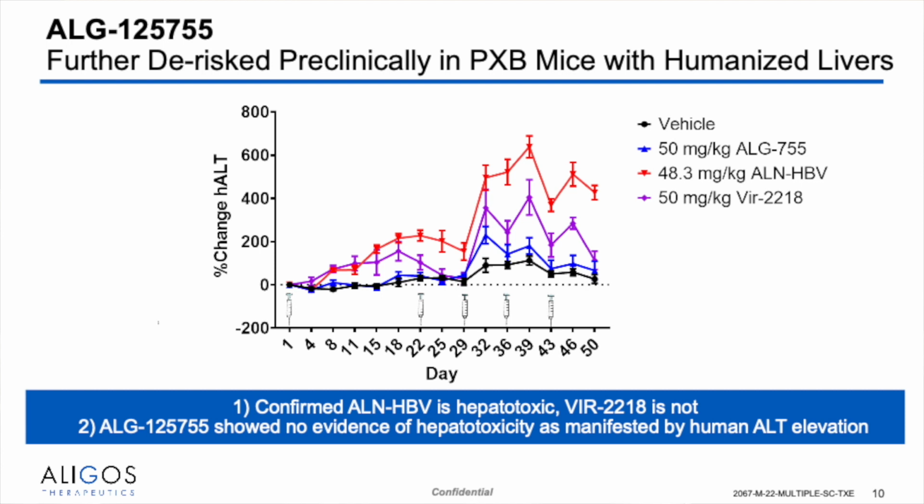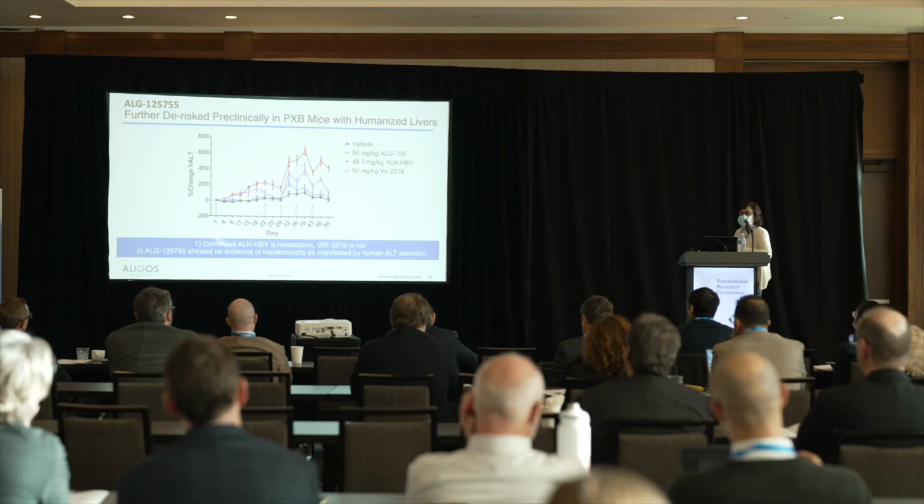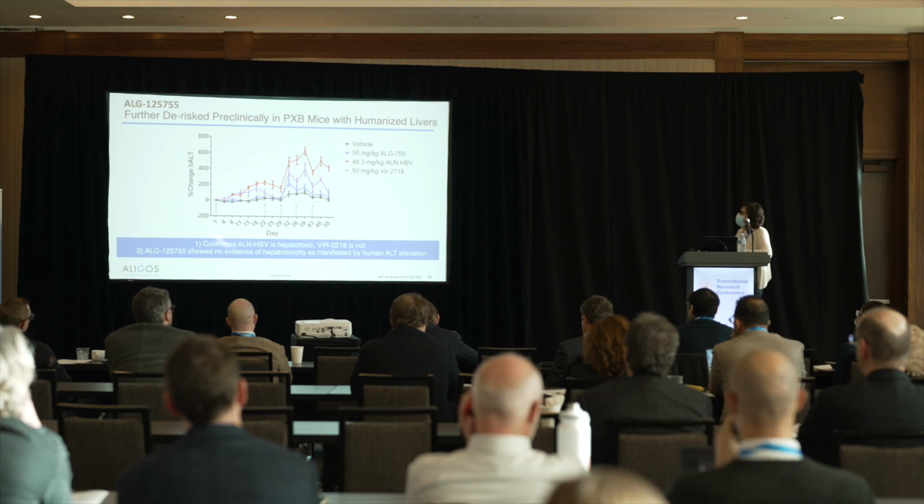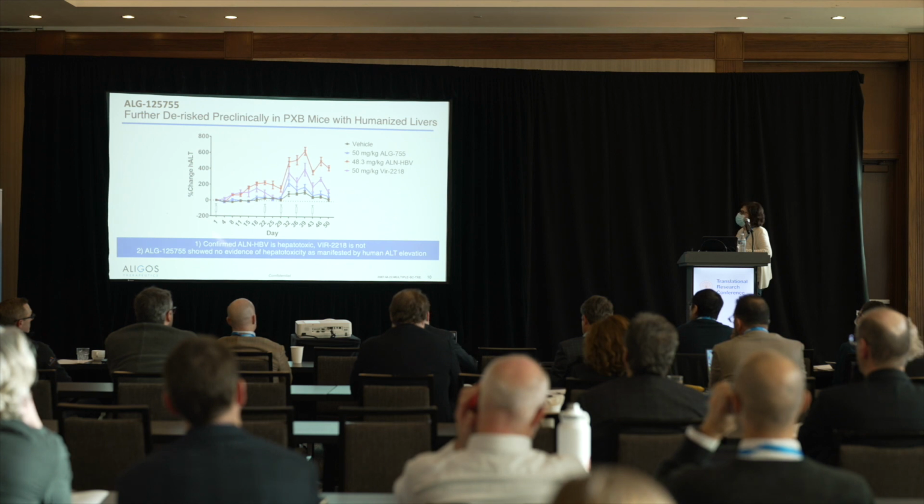The VIR-2218 compound, by comparison, shows a much lesser effect on ALT. And then for our compound, the ALG-755, it was virtually indistinguishable from the vehicle control. So we were able to use this kind of model to confirm that the other competitor molecule actually was hepatotoxic in this model.